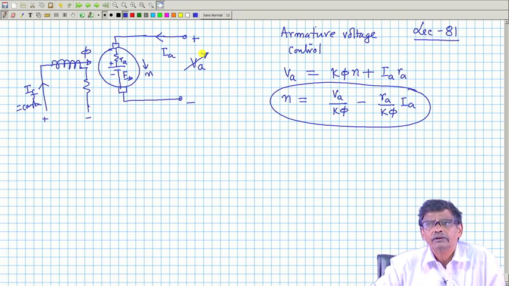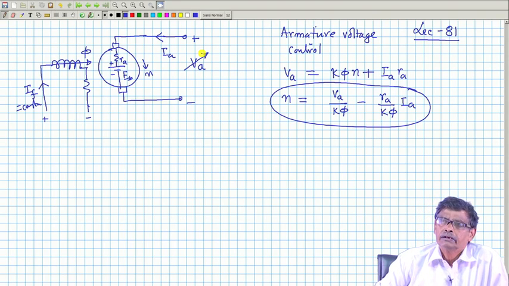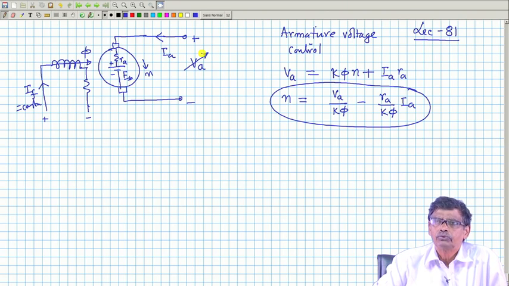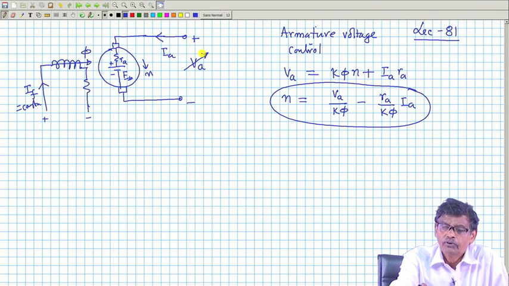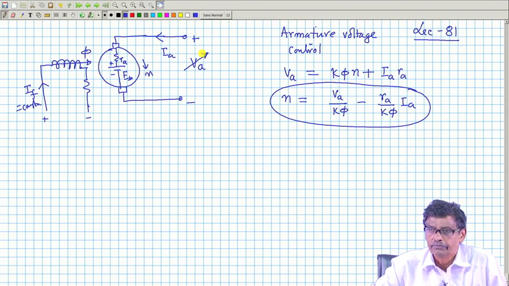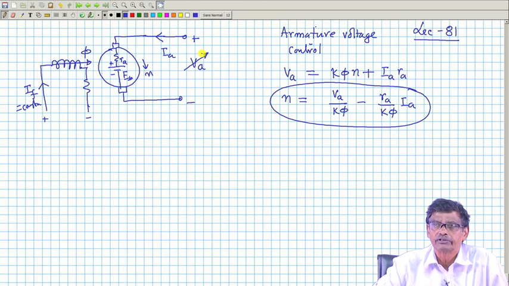Now, what will be the range of the control of the voltage? Suppose it is a 220 volt DC motor, then the maximum voltage you will apply is 220 volt. Definitely you will not apply a voltage across the armature greater than 220 volt, because the rating of the machine will be exceeded so far as voltage is concerned.